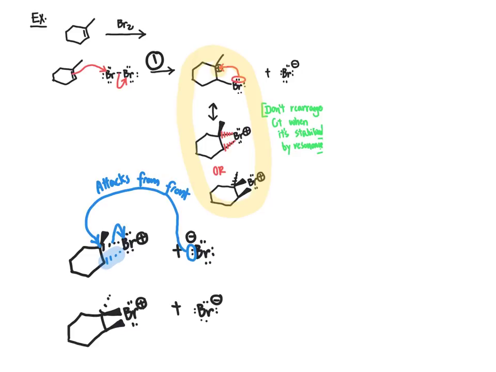On the other hand, the second bromine, the bromide anion that came in, had to attack from the front, and it is going to end up being our wedge. So we'll end up with the two bromine atoms being trans to one another here. The same situation is going to be true on the bottom. On the bottom, our bromide anion comes in and attacks the more substituted carbon right there.